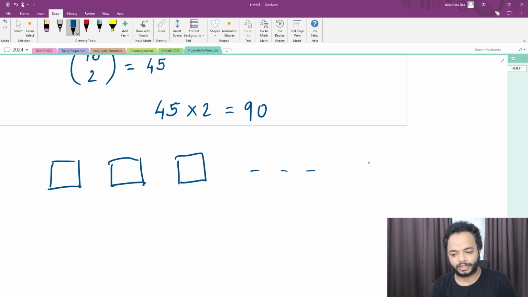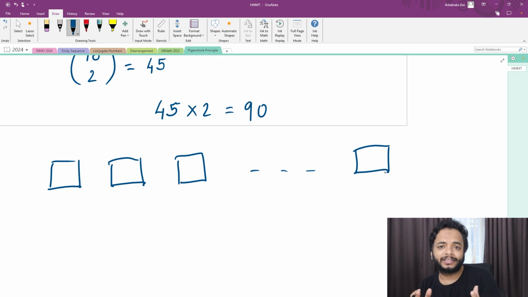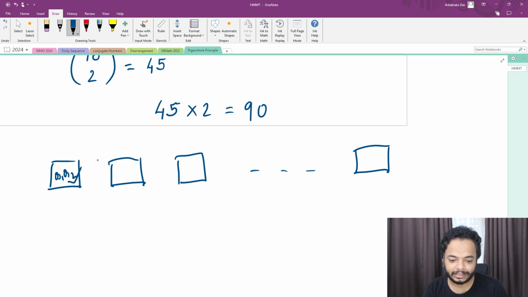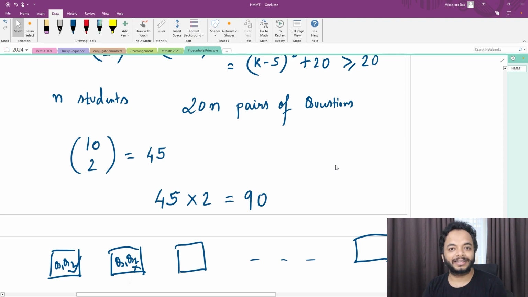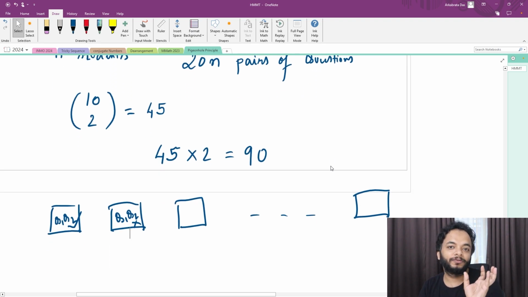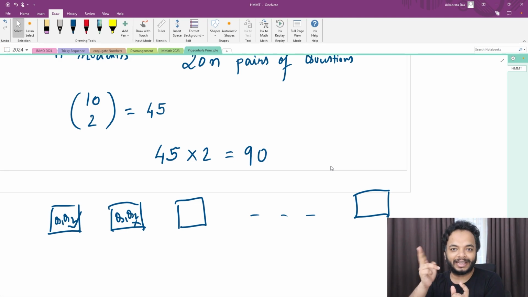Then what I'm doing is forming those 90 boxes. Suppose for example, I make one box question 1, question 2 answered correctly, and the next box question 1, question 2 answered incorrectly. Now I'm going to bring those 20n pairs, where for each pair some student has answered both questions correctly or incorrectly.